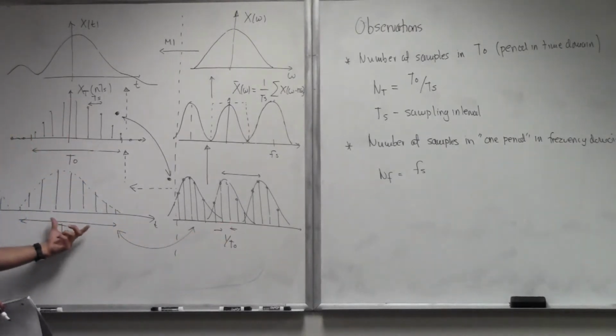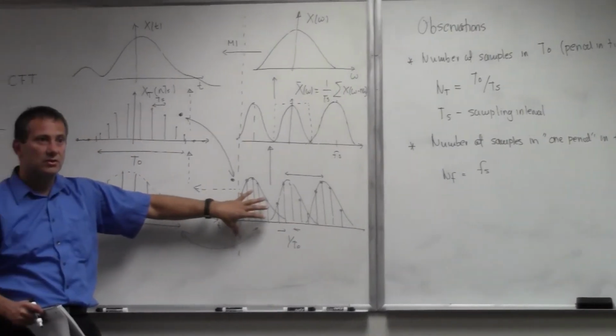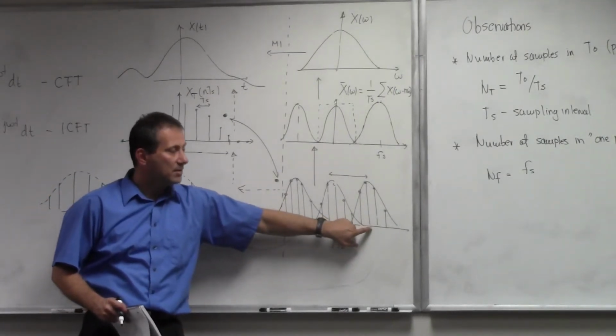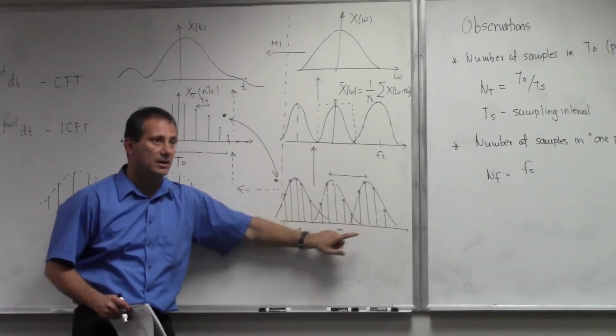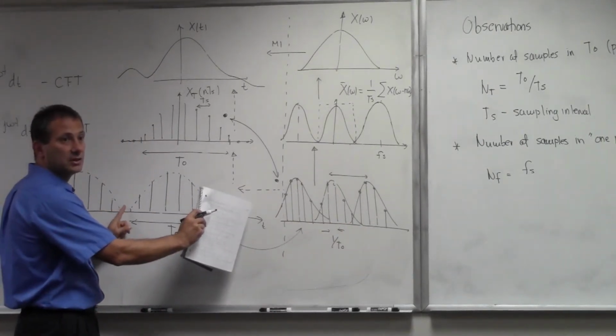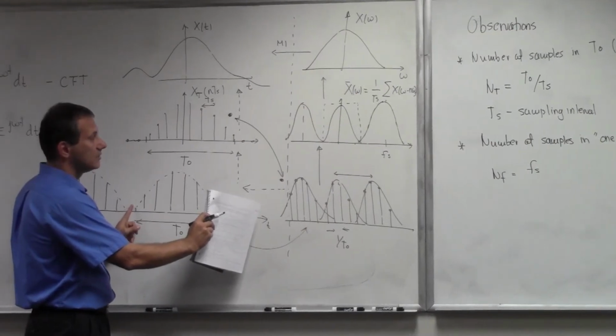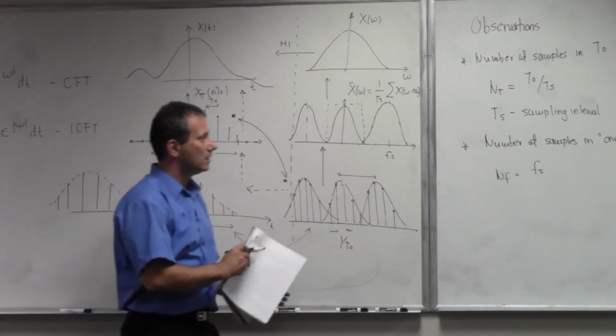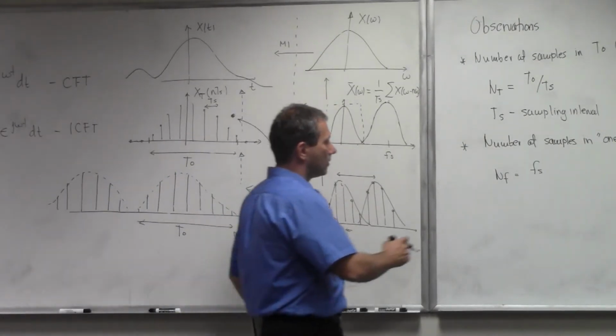We saw last time that based on frequency domain sampling, the separation between these samples in the frequency domain is equal to 1 over T0, where T0 is the length of the time domain that you're using for processing.